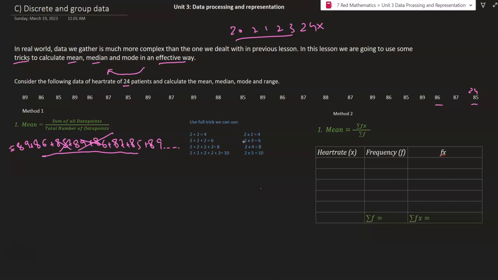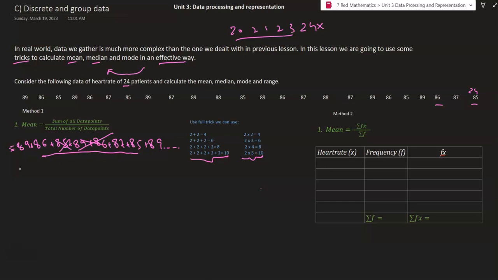What we can do is say 2 is added 2 times, so that's 2 into 2, which gives me 4. 2 is added 3 times, so that's 2 into 3, which gives me 6. 2 is added 4 times, so that's 2 into 4, which gives me 8. And 2 is added 5 times, that's 2 into 5, which gives me 10. So this is a very convenient way of writing this troublesome way of adding the same numbers.